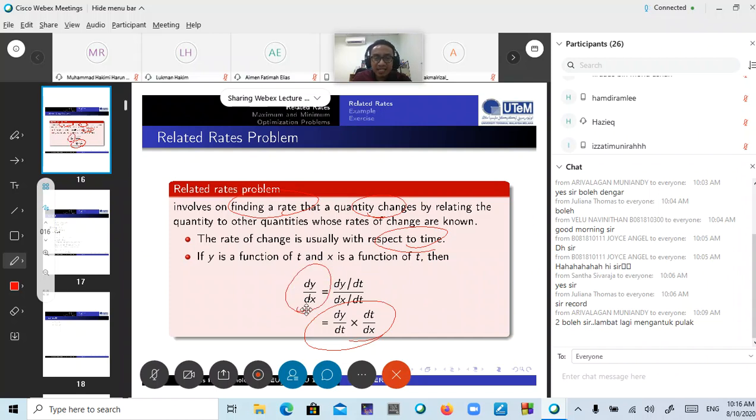Okay, you can get dy/dx by using formula ni: dy/dt times dt/dx. Okay? So kalau awak tengok ni, so we can simplify dt kan. So yang tinggal adalah dy/dx. So kita akan dapat dy/dx.